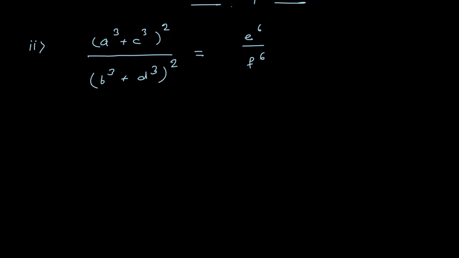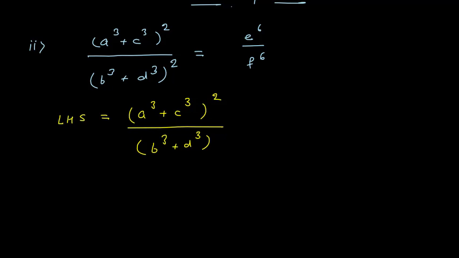Okay. So again start with LHS. So here my left hand side is equal to A cube plus C cube the whole square divided by B cube plus D cube the whole square.